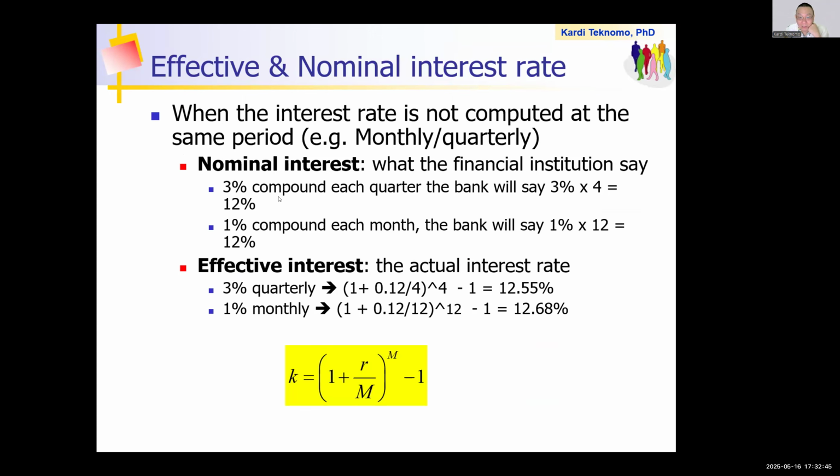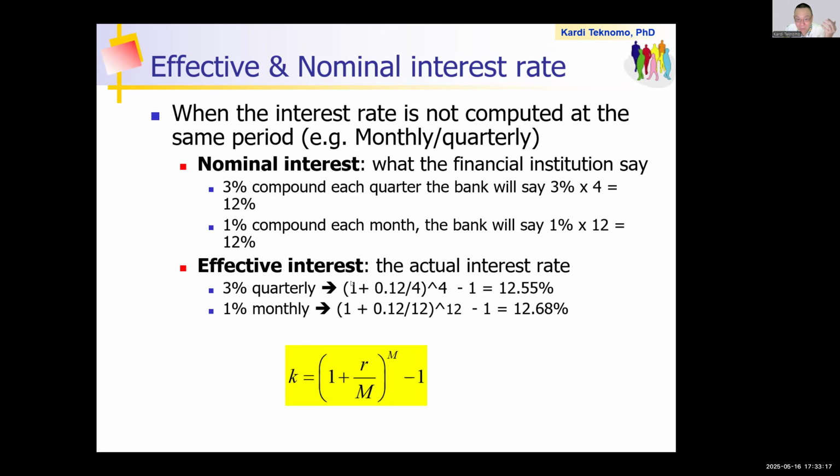The actual interest rate is not this one. The actual interest rate is called the effective interest, so you still need to compute using this formula. If you have 3% quarterly, then that 12% you divide by 4, exponent 4, because quarterly. If you say 1% compounded each month, the bank will say 1% times 12, it is 12%, the nominal interest.